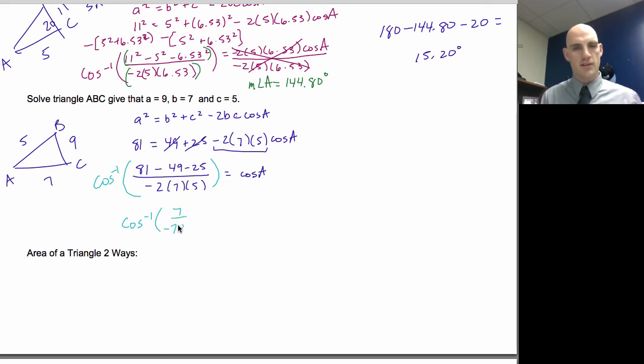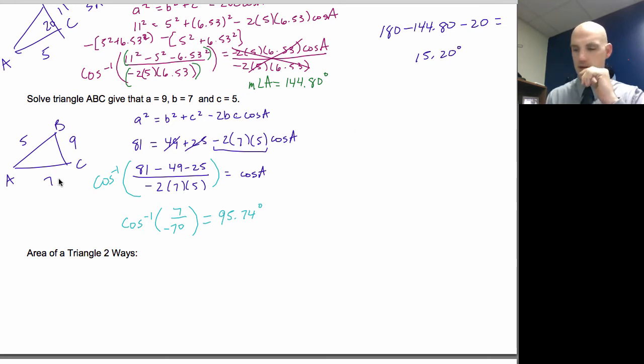And this is negative 70, so I actually have the inverse cosine of negative 1/10 is going to be equal to, now make sure your calculator's in radian or in degree mode here, and that's going to be 95.74 degrees. Okay, so that's one of my angles. Remember, I'm solving for all 6 parts.